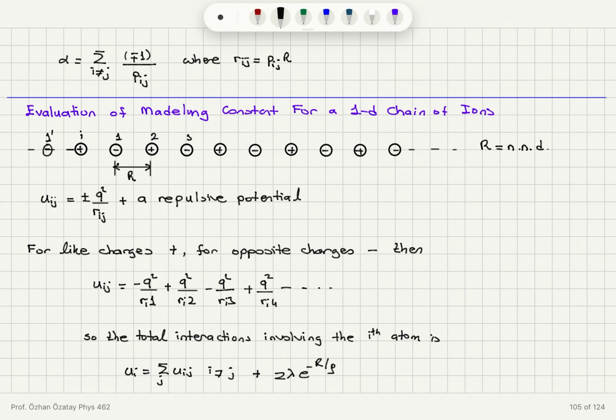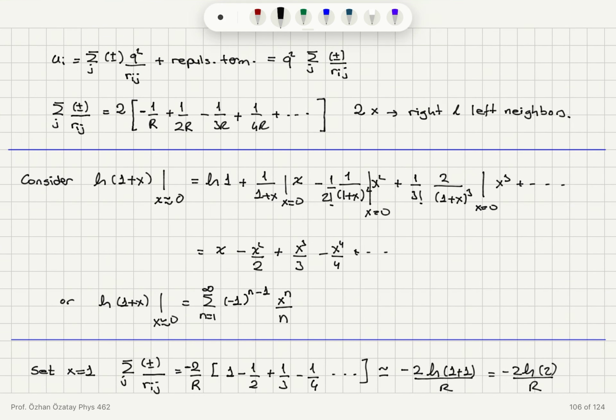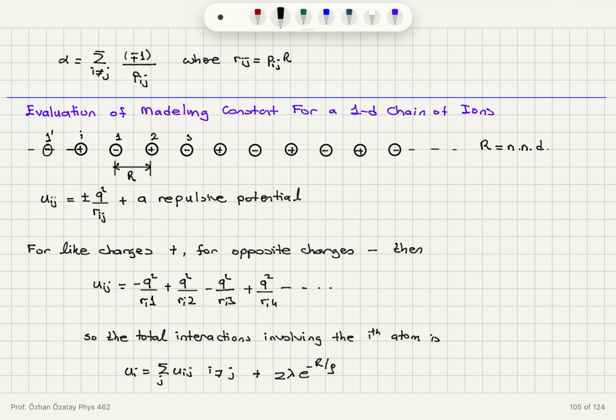And for the second atom, I see it's going to be plus q square over 2r, and again plus q square over 2r. So plus 1 over 2r, and then again I have two nearest neighbors. So it will be plus 2 over 2r. And then for the third one, I have the distance becoming 3r.